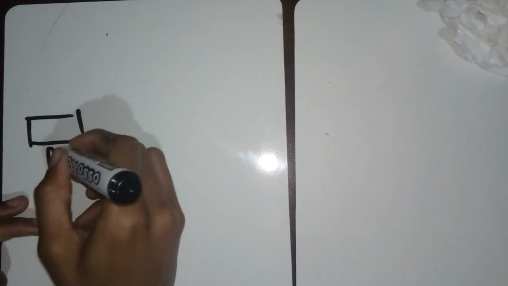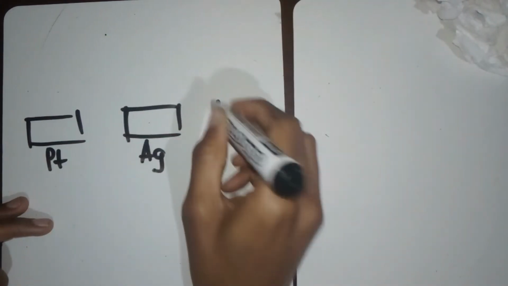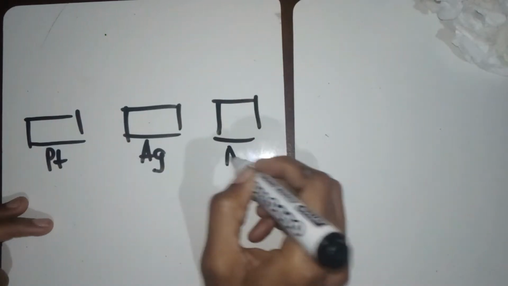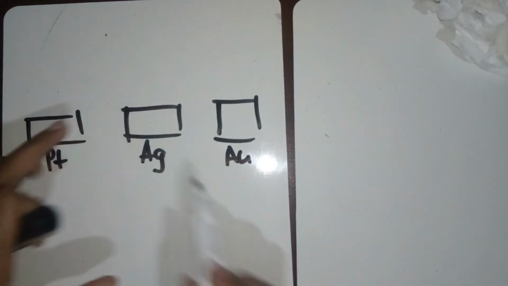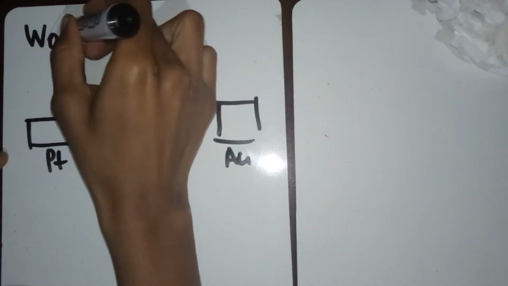One of the things we have to consider is the metal. Let's have different metals: platinum, silver, and gold. All of these metals have what we call a work function. The symbol for the work function is W naught.